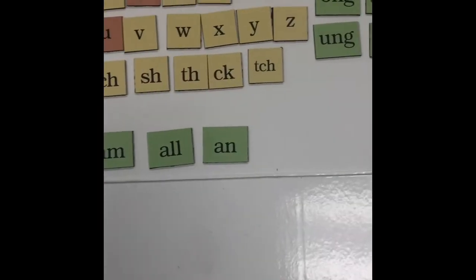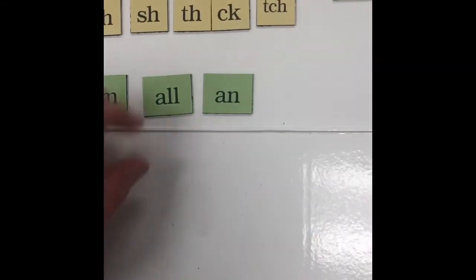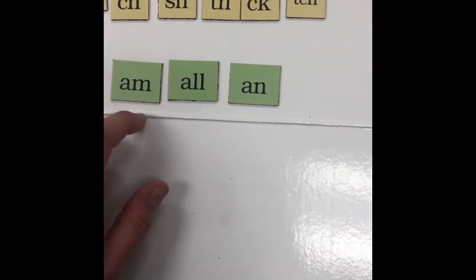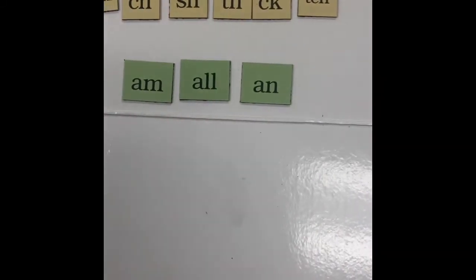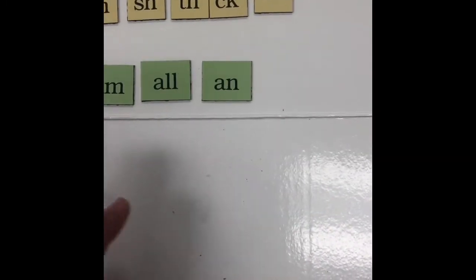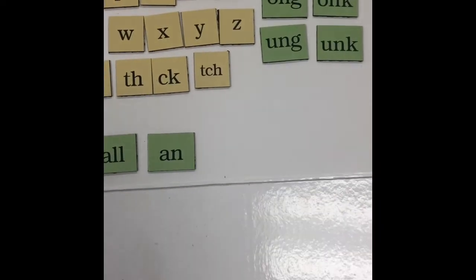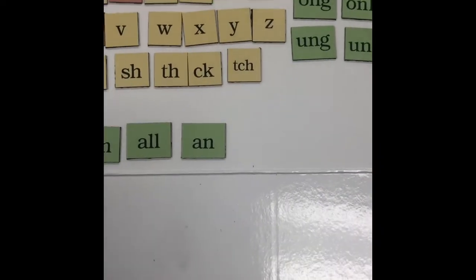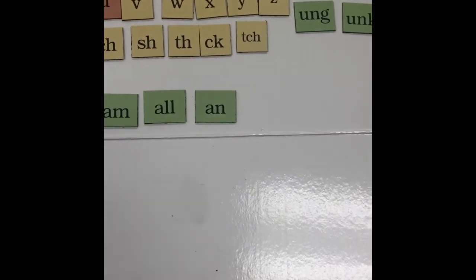Okay, so now I want to show you something that you're going to see me working with on this board that we'll be talking about this week: glued sounds. We've talked about ALL already. ALL says all. We've also got some more that we're going to talk about, and these are glued sounds. Glued sounds means it only gets tapped one time when we're tapping out our word. I'll show you what that means in just a second.